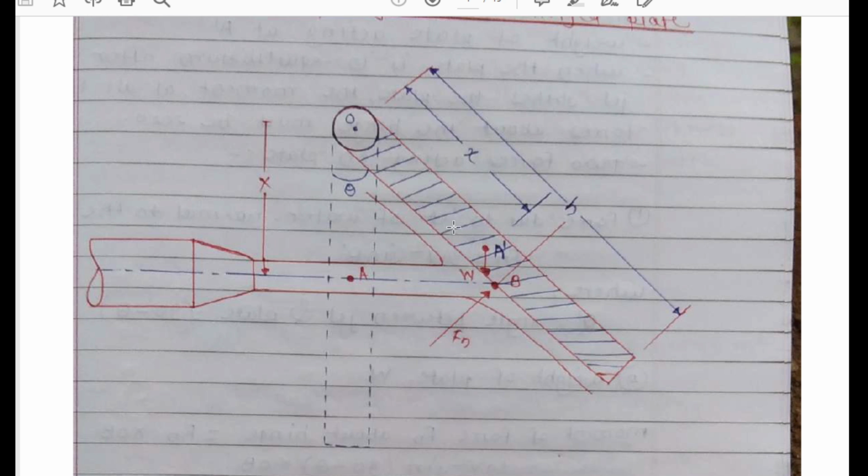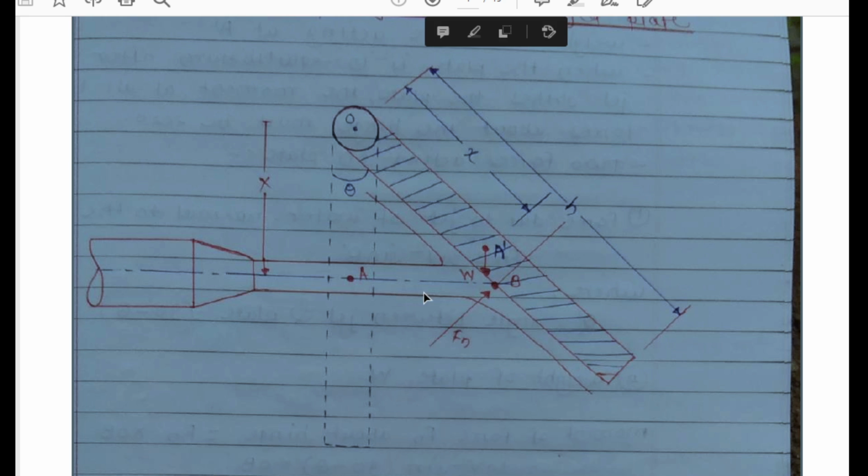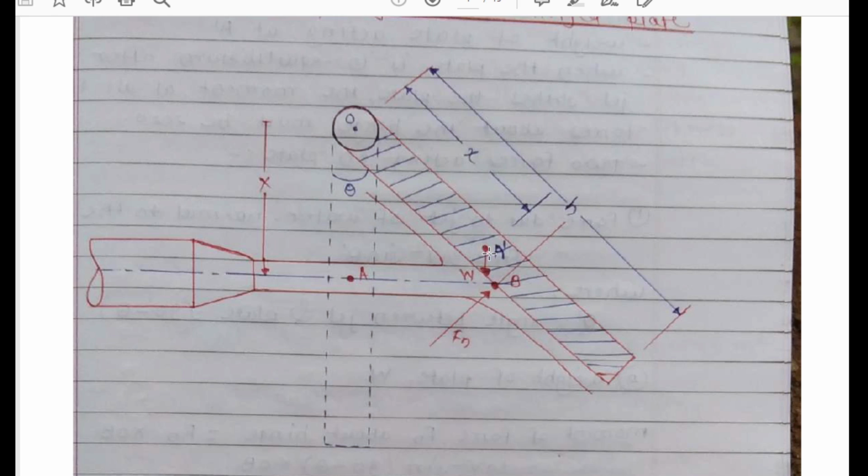When the whole plate, after the jet strikes, is in equilibrium, the moments of all the forces acting on this plate must be zero. Now consider this position of point A. This point A is shifted to the next position, that is A dash. At this A dash, the weight of plate W is acting.